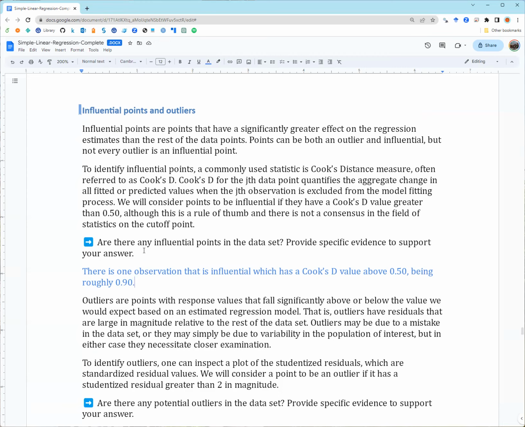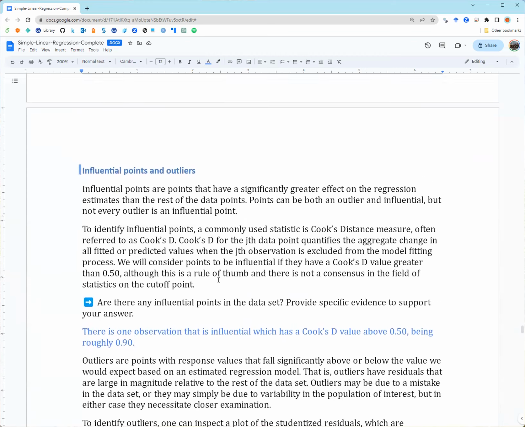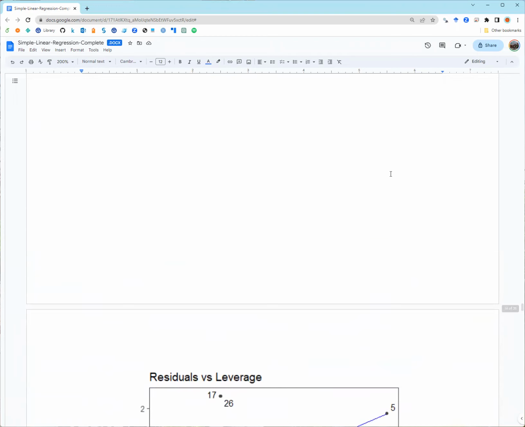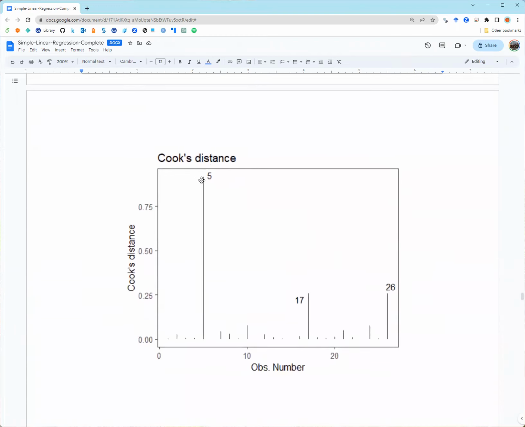What that means for real life data when you're conducting predictive modeling is that this single observation has a significant influence on all of the predicted values.